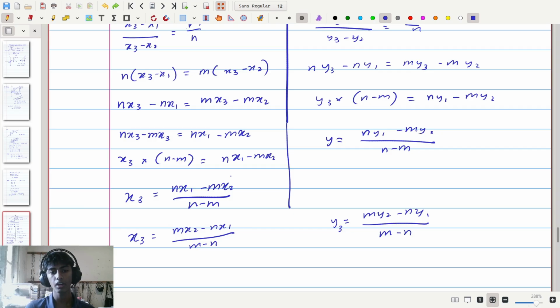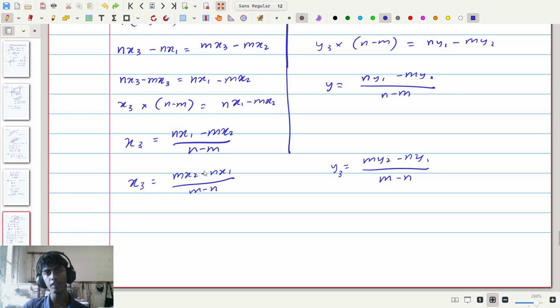And this is for when m and n are not equal, because if m and n are equal, the denominator here would go to 0, which means we're essentially dividing by 0, which should not happen. And I'll tell you why this seems to happen, and why when you divide by 0 or by a number close to 0, you appear to be going to infinity.